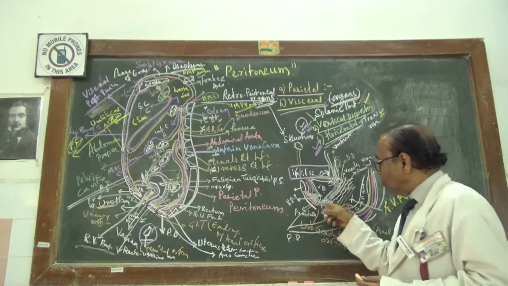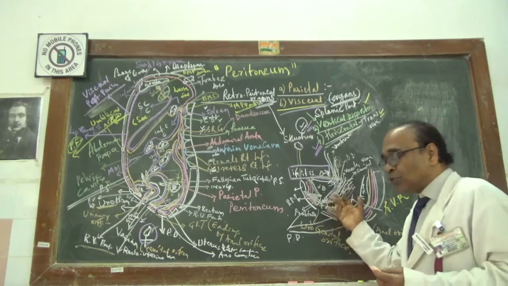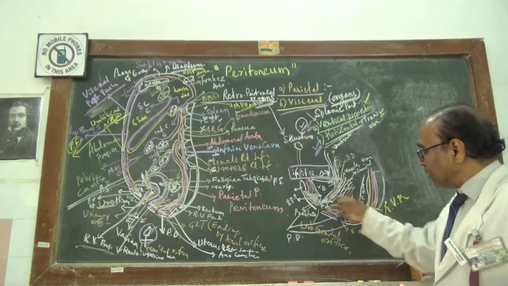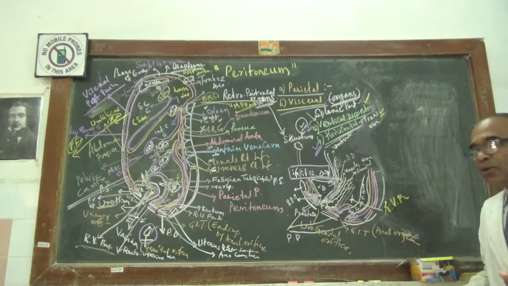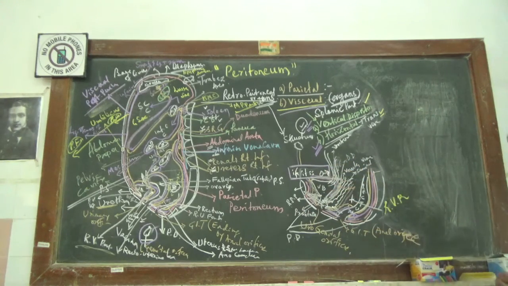Then on either side of the prostate, the paraprostatic pouches, right and left. The remaining, the paravesical pouch and the retrovesical pouch, are the same as in the female. So these are all the pouches.